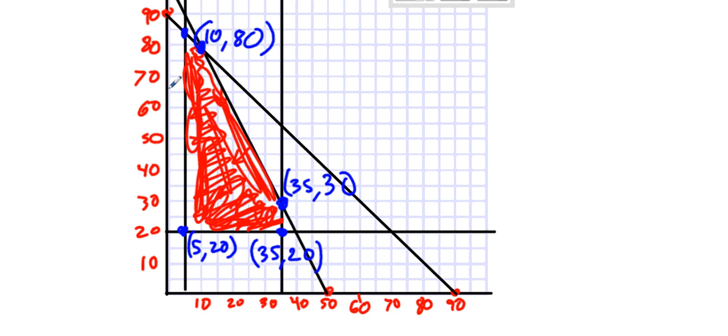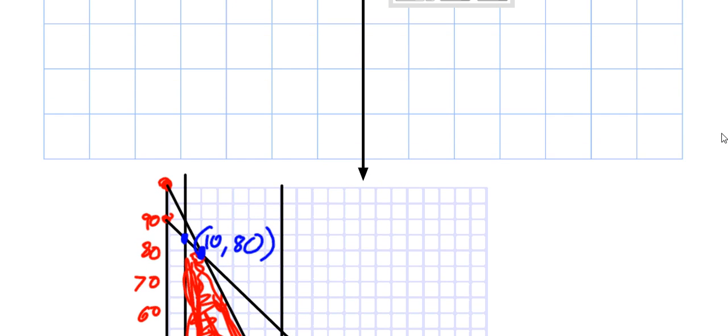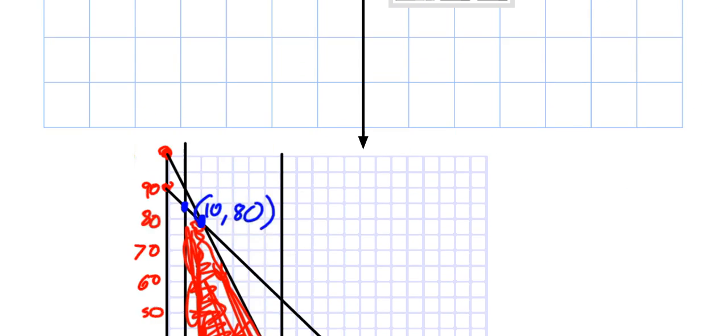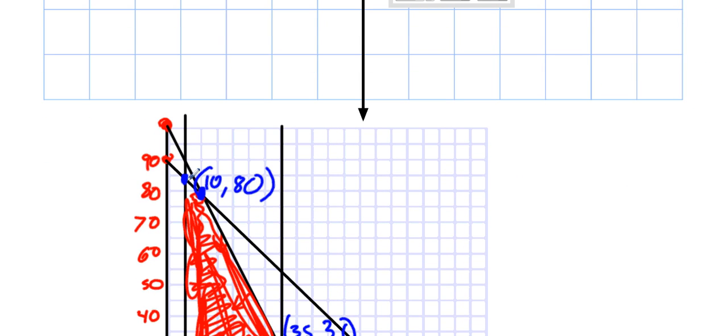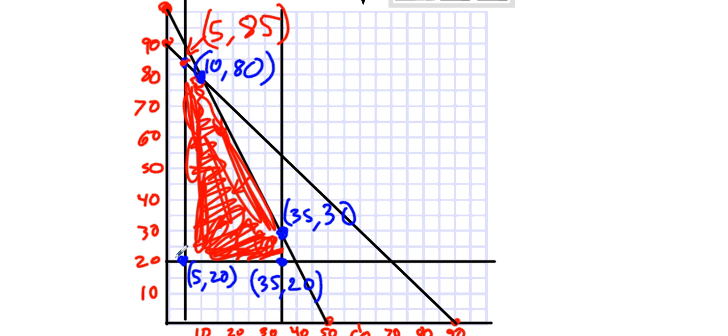You do the same thing over here. When x is 5, you can figure out what it is. You could also just plug it in, but it's going down 1 over 1 all the way through. So that last point right there is (5, 85). So there's all your vertices. 1, 2, 3, 4, 5 of them.